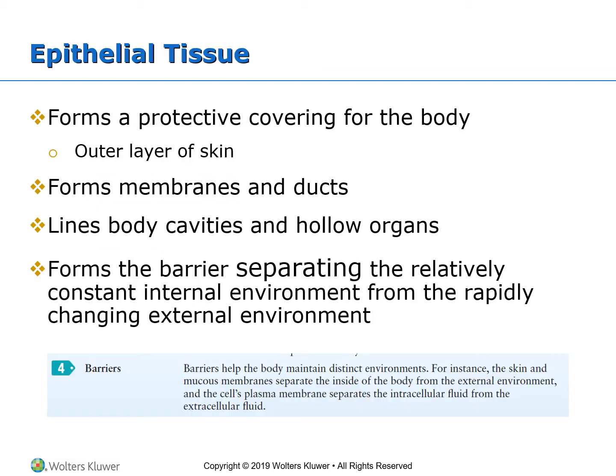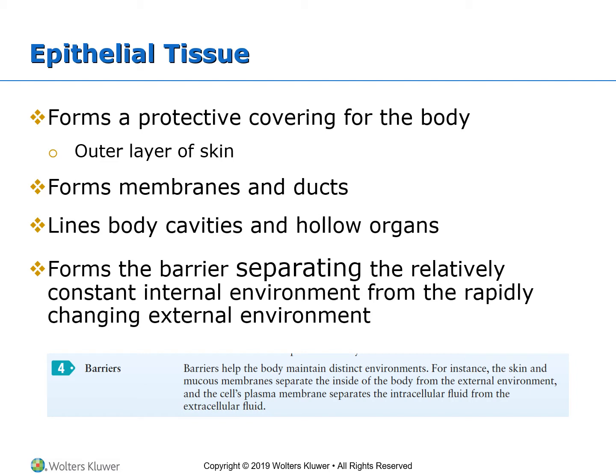So if you're looking into the epithelial tissue, this is the tissue that usually forms a barrier separating the internal body environment, which, if you remember, we discussed before, has what is called a homeostasis. It's relatively constant. The epithelium is that barrier that separates the internal environment from the external environment.